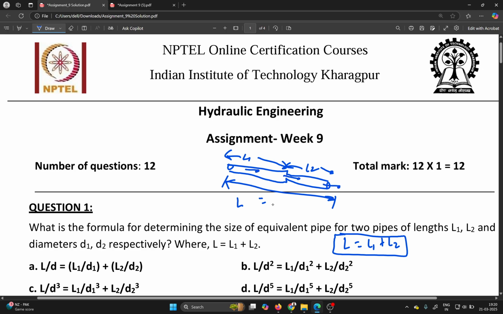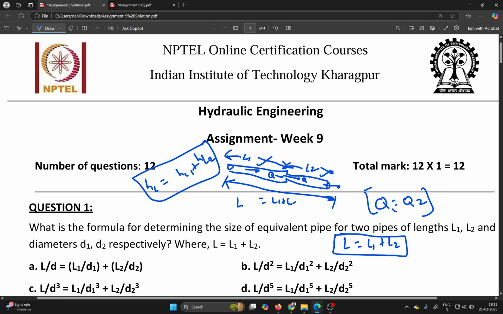So L is L1 plus L2 means series. In case of series, whatever discharge enters here, the same discharge will come in this pipe. So Q1 is equal to Q2. But the total head loss will be the head loss due to this and the head loss due to this, HL1 plus HL2. The total head loss. So here you need to calculate this.